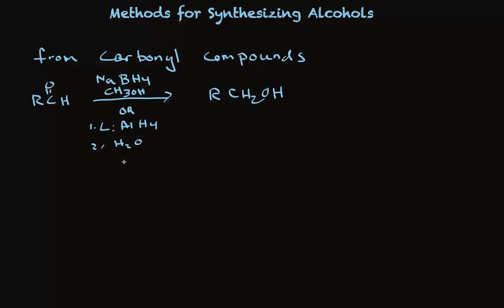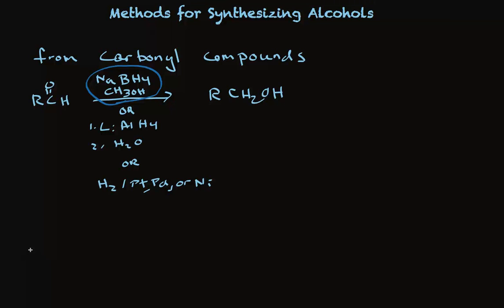Or if we use hydrogen gas with a metal catalyst such as platinum, palladium, or nickel, aldehydes can be reduced to primary alcohols. Of these three methods, the sodium borohydride reduction would normally be used.